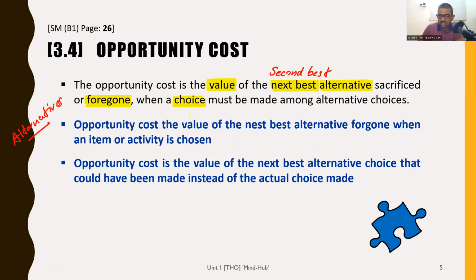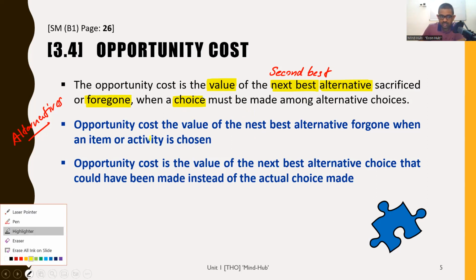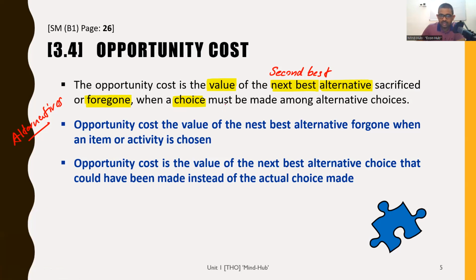Opportunity cost is only created when a choice is made, and that choice has to be one where we do not have an option. A choice must be made. The word must here is trying to give us an indirect idea.